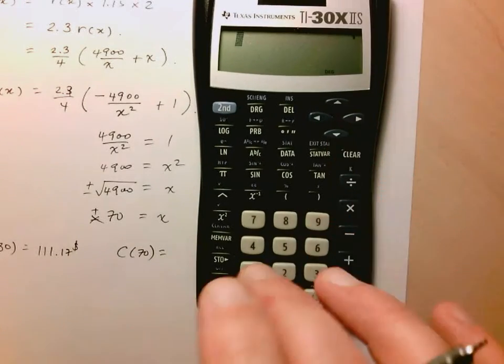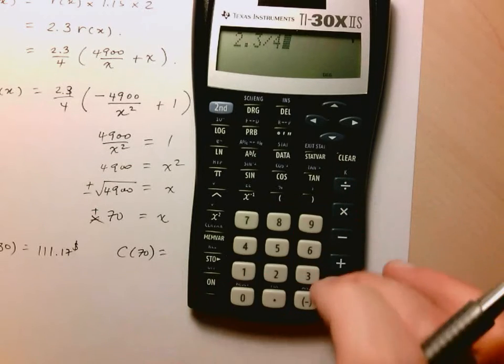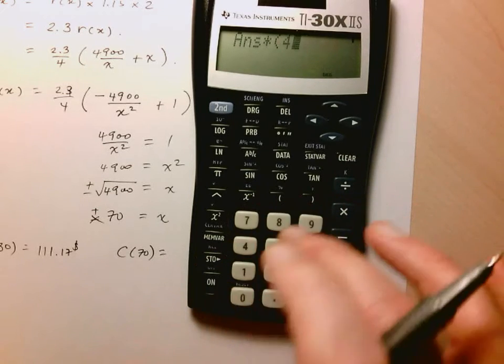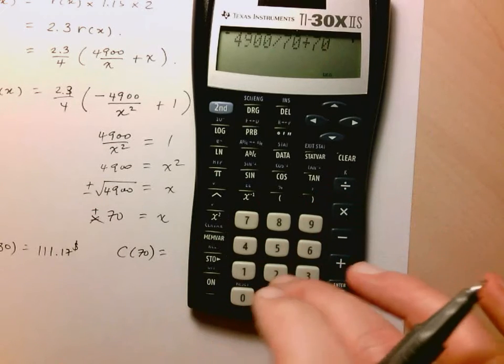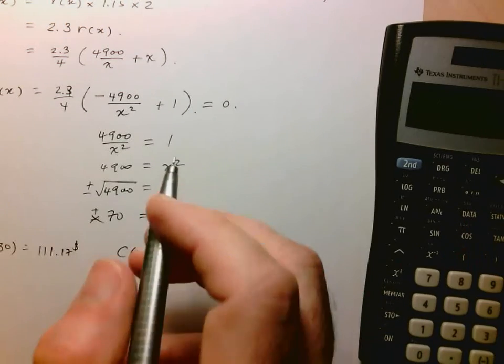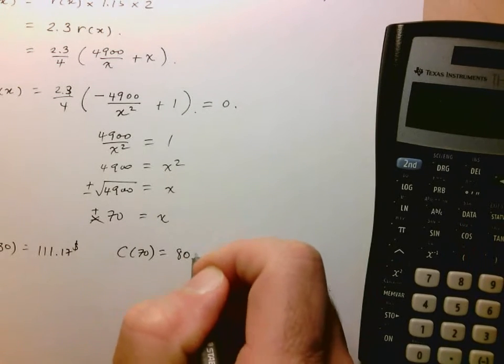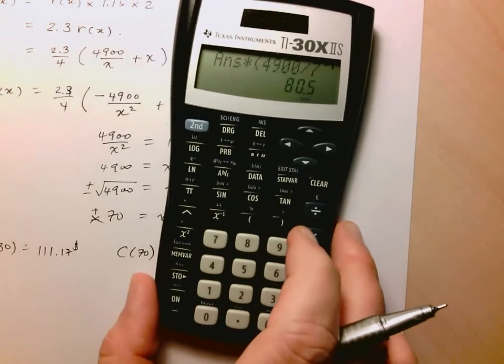Let's see how that compares to 70. So 2.3 divided by 4 times 4,900 divided by 70 plus 70, and here we got $80.50. So this is already lower. Now let's check our other endpoint, 120.